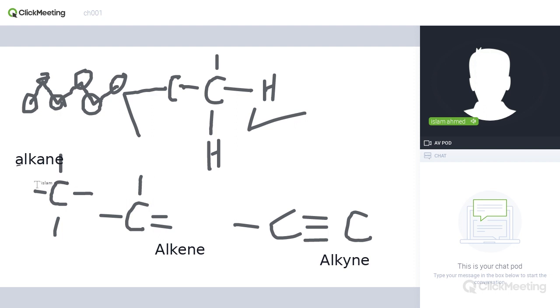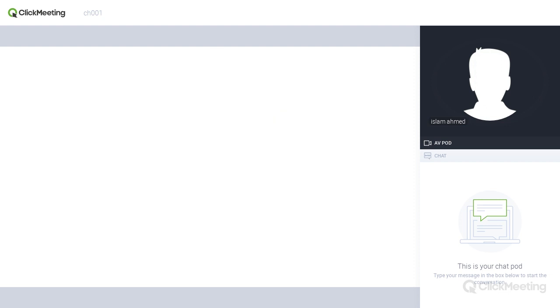Alkane, alkene, alkyne: alkane single bond, alkene double bond, alkyne triple bond. Let's continue now.